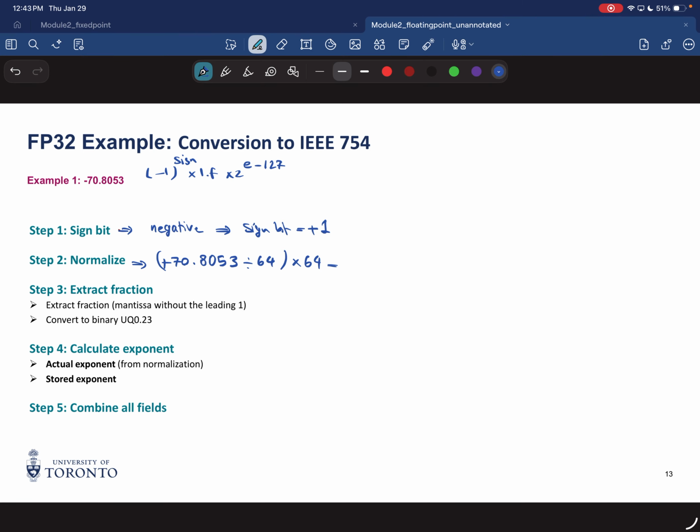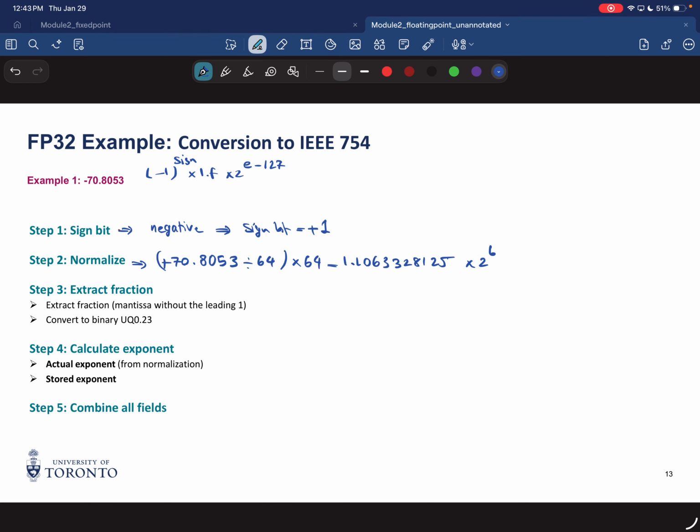So, I really didn't think this example through because you'll see what happens. Multiplied by 64, which is 2 to the power of 6, right?